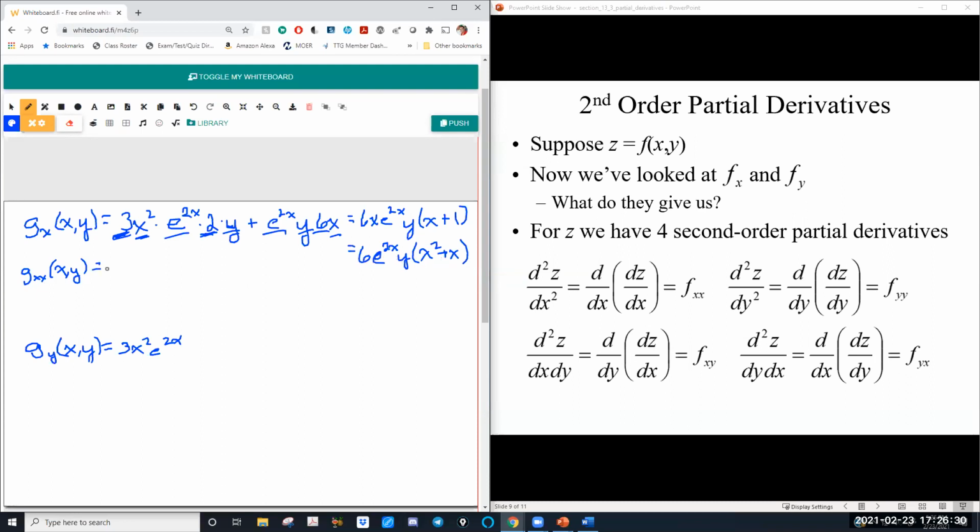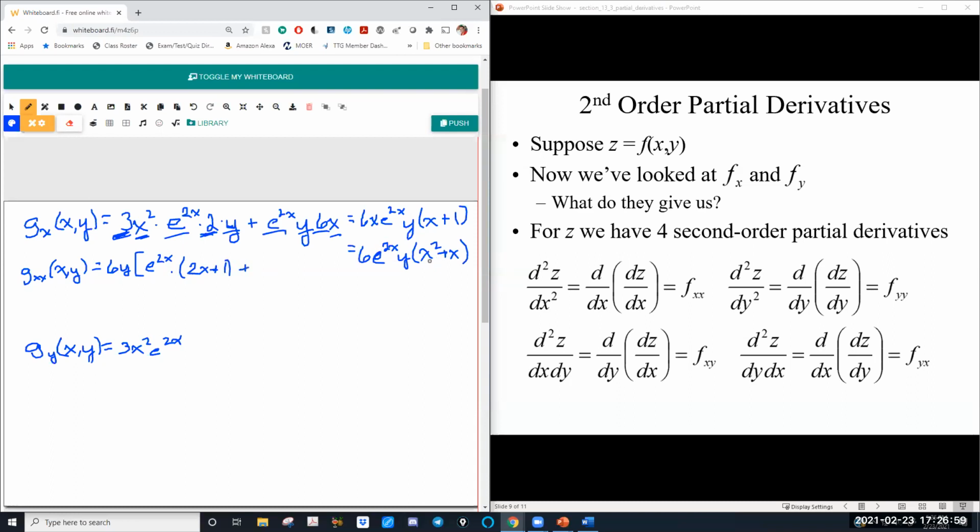Let me show you how you can think of this that might make it easier. The 6y is going to be in my final answer because those are both constants. Now I have e to the 2x times x squared plus x that I have to take the derivative of. So e to the 2x I'm going to leave alone, times the derivative of x squared plus x, which is 2x plus 1.